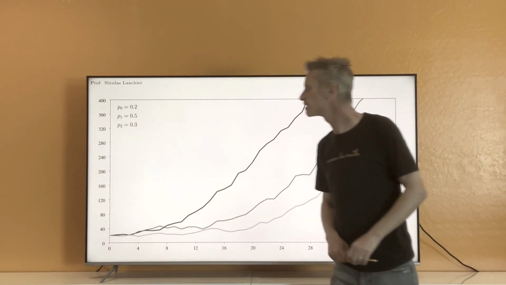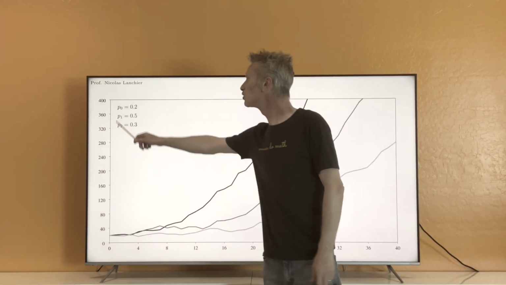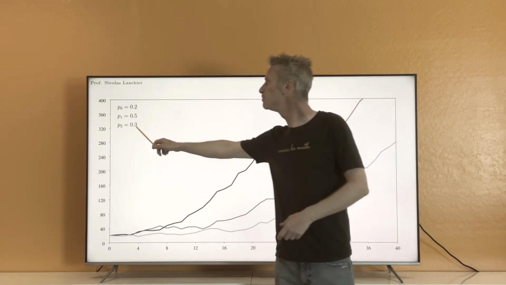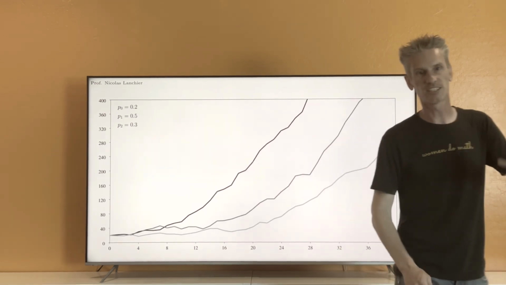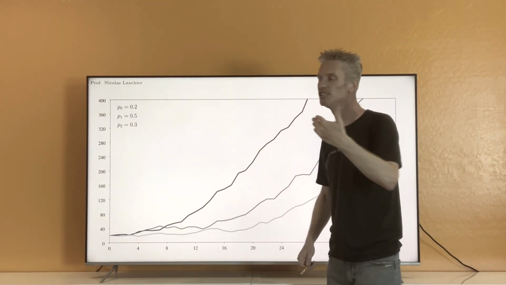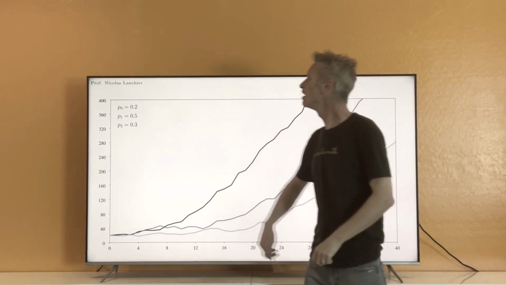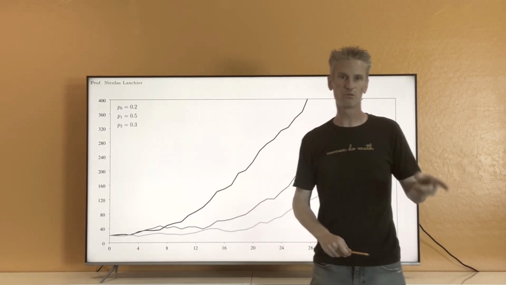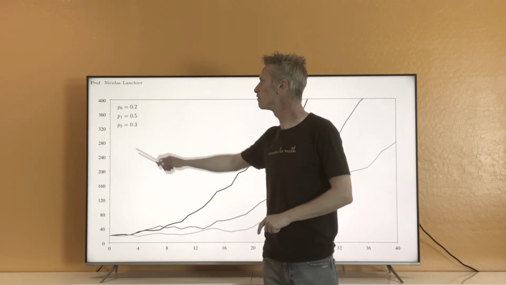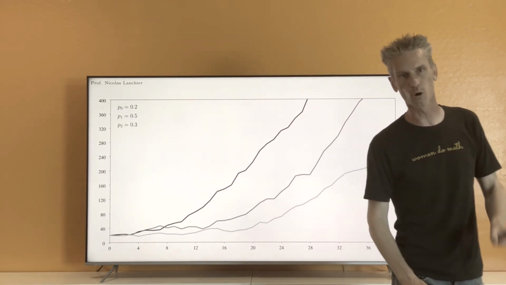For those pictures, I chose p0 equals 0.2, p1 equals 0.5, p2 equals 0.3. So that means that independently of each other, each individual is going to have 0 offspring with probability 0.2, 1 offspring with probability 0.5, and 2 offspring with probability 0.3.